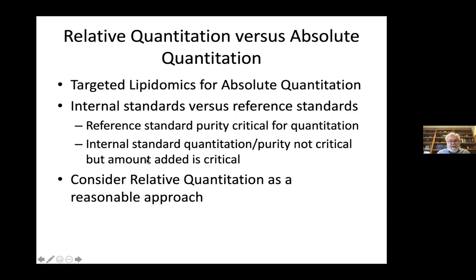But the amount you add is critical when you use that internal standard. These sorts of issues cancel out if you use the relative quantitation approach, because there you are ratioing your signal to the internal standard, and the same factors which controlled the ion stability and the response factors cancel out.